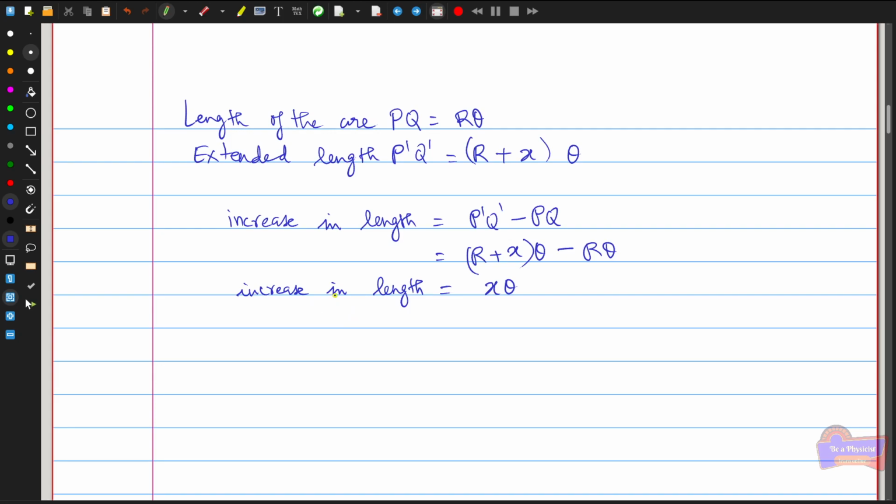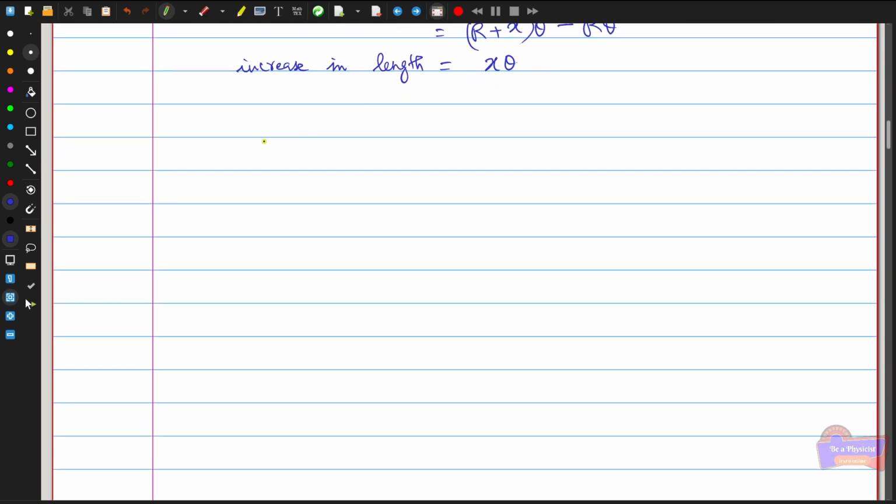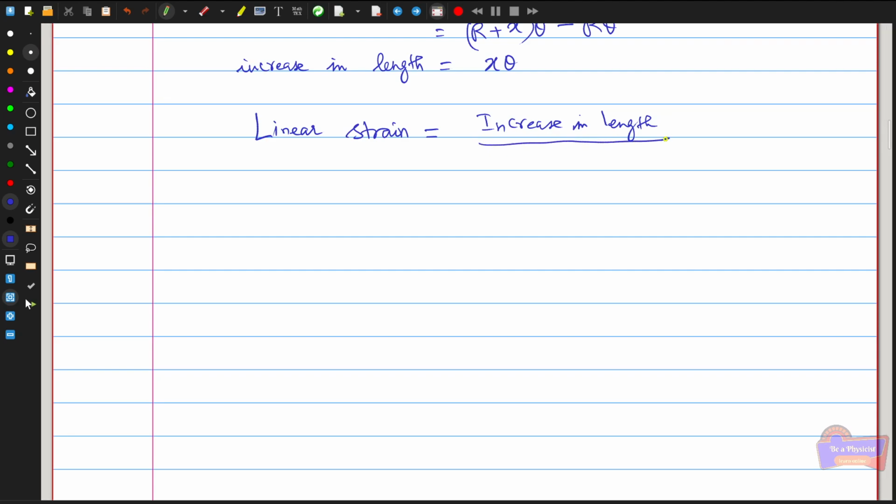Okay. Since I already found the increase in length, I can easily find the linear strain. The linear strain is the increase in length divided by the original length.